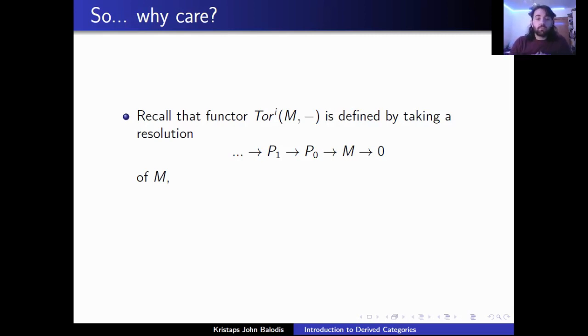To either introduce this to you for the first time, or to simply refresh your memory on what this means, if we want to define the ith Tor functor for a pair of R modules, M and N, so N is not on the screen yet, but it is going to appear in a moment. We define this by taking a resolution of M. That means we take an infinite sequence of what are called projective R modules.